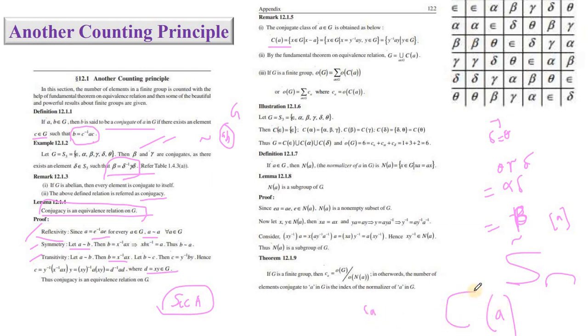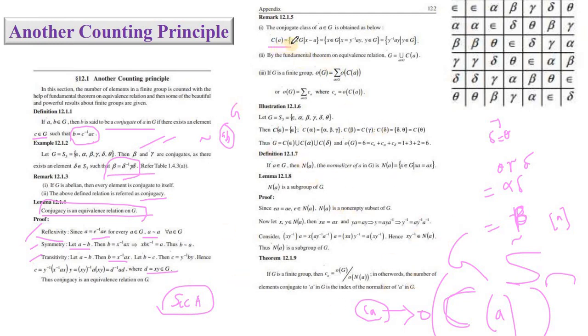Capital C of A denotes the set. Small c_A denotes the number of elements. When G is finite, C of A being a subset of G will also have a finite number of elements. The order of C of A is denoted as small c suffix A. So both C of A and small c_A will come in the picture.